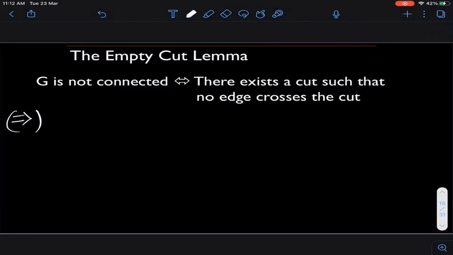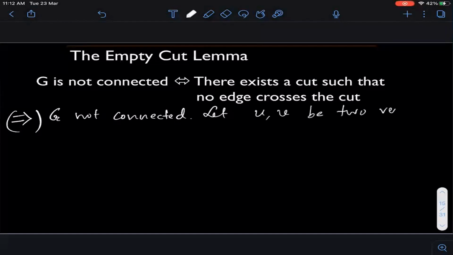Okay, so G not connected. So let U, V be two vertices without a path between them.